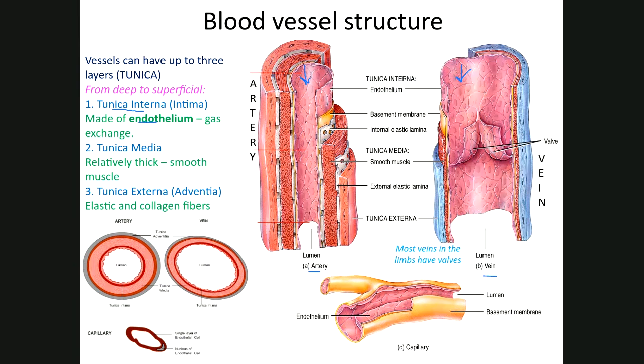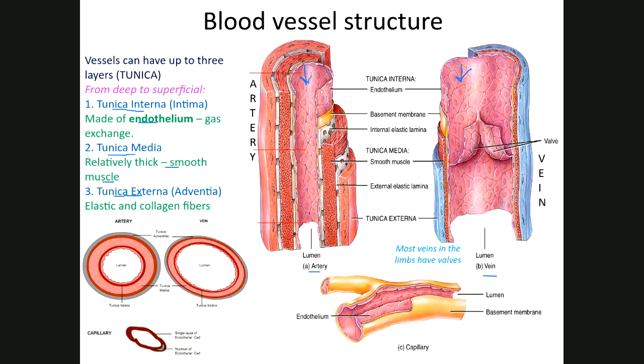The second layer is the tunica media, which consists of smooth muscle, which is controlled by the autonomic nervous system. And the most external layer is called the tunica externa, or the adventitia, which is formed by elastic and collagen fibers.